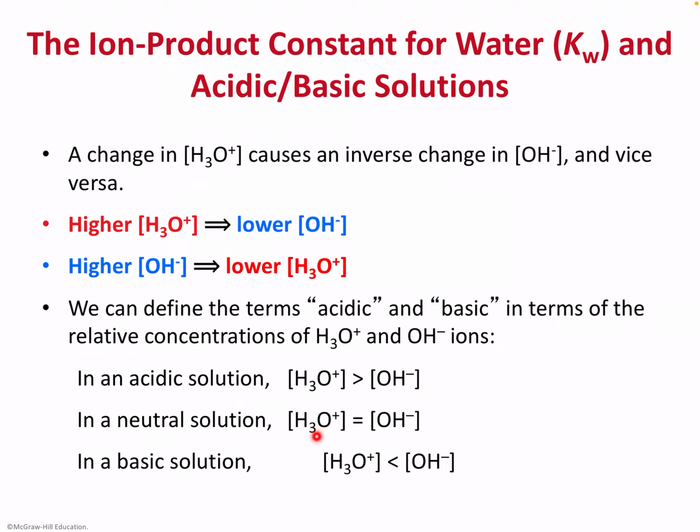In a neutral solution like pure water, hydronium ion and hydroxide concentrations are the same. And in a basic solution, hydroxide concentration is more compared to the hydronium ions. So H3O+ represents the acidity of the water. The acidic form of water is represented by the hydronium ion. Okay.